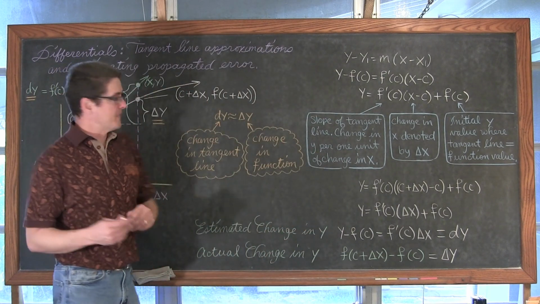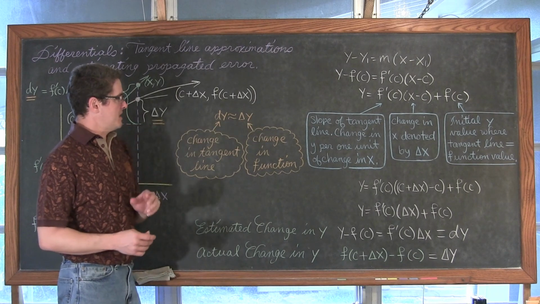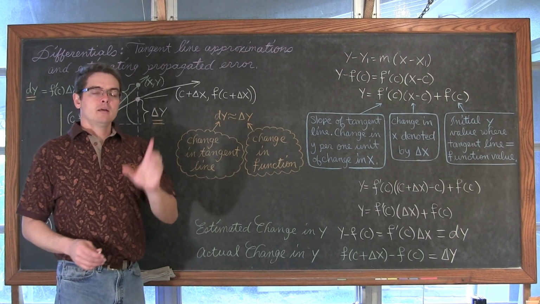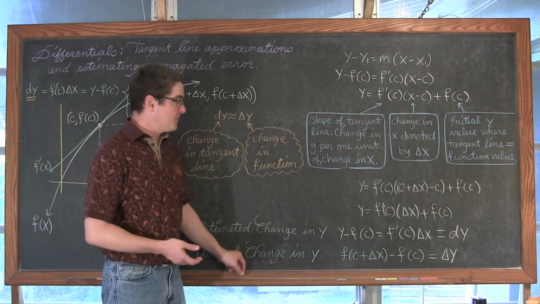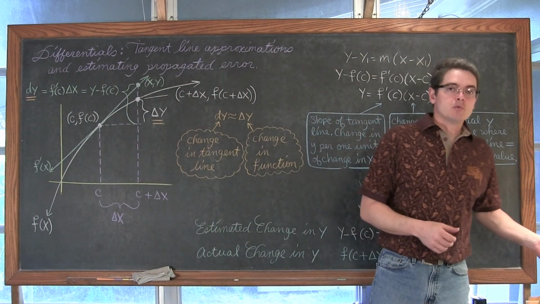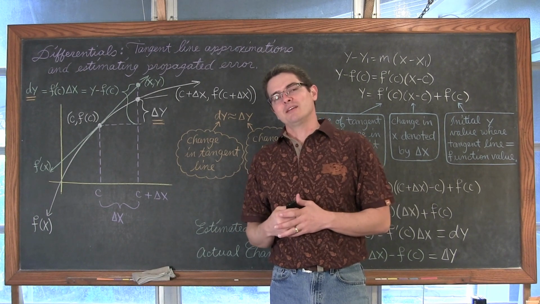Actually, they're the same. But as far as dy and delta y, again, estimated change in y, actual change in y, if delta x or dx is small, they're going to be approximately equal, and that's how your tangent line estimates your actual change in the function over a change in x.